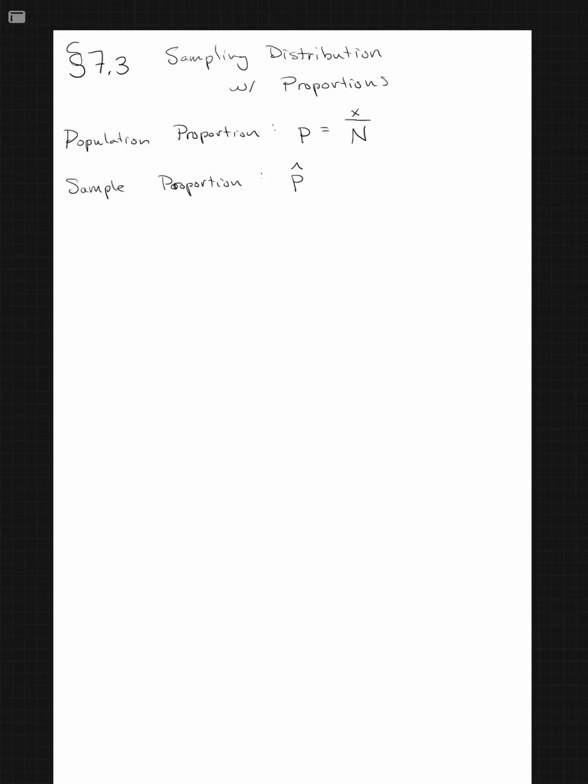So P is going to be doing the same things that mu did before, and P hat is going to be doing the same things that X bar did before. And this is X over little n.